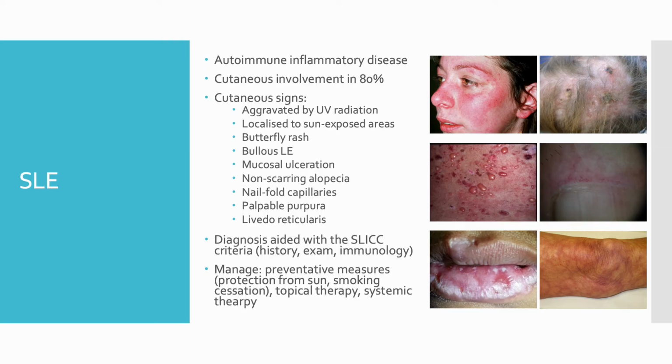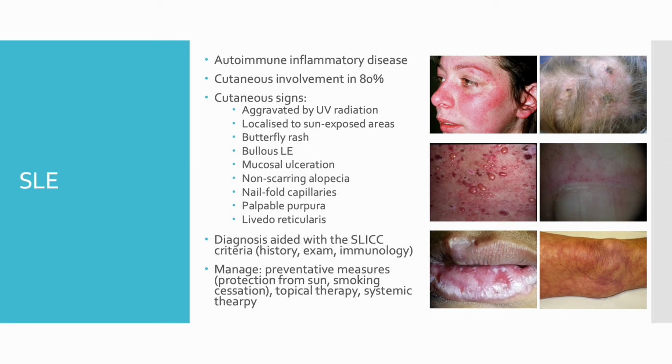There may be an associated alopecia, which may be scarring or non-scarring. The hair may be rather unruly and thin, sometimes referred to as lupus hair. There may be mucosal ulceration in systemic lupus. Very commonly there are dilated nail fold capillaries.